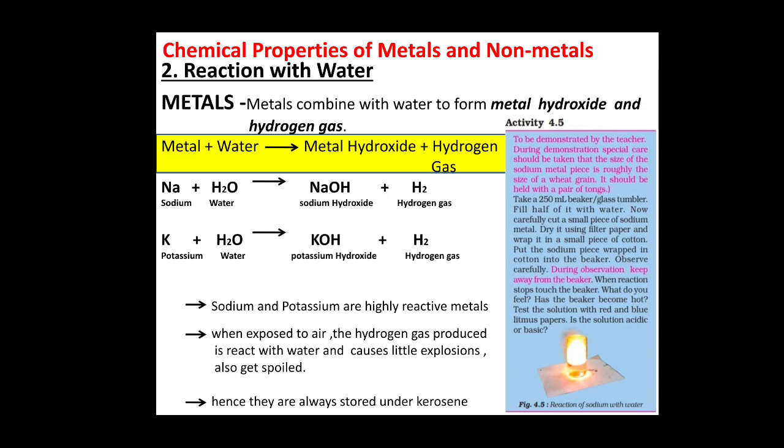We have already discussed that a small piece of sodium can be cut with the help of a knife. Dry it using filter paper and wrap it in a small piece of cotton. Put the sodium piece wrapped in cotton into the beaker and then observe it.